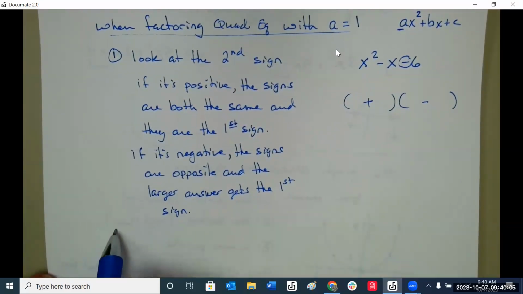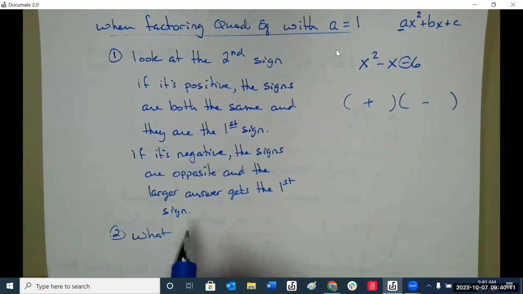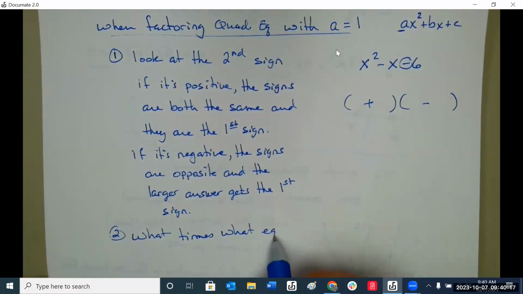Second step. What times what equals x squared?